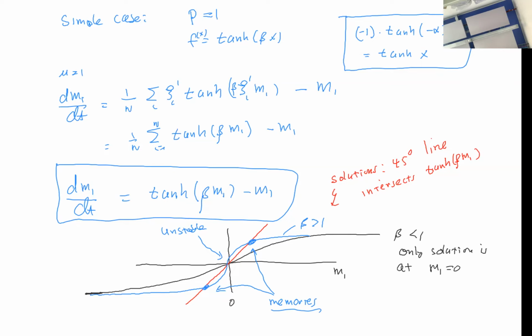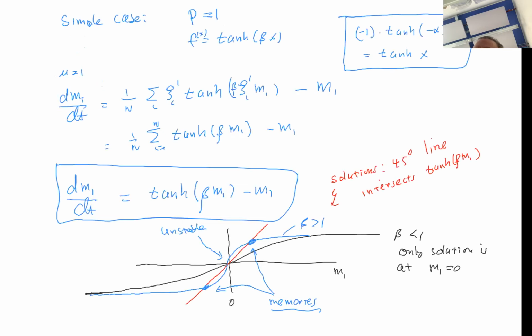Okay, and now we need to know about stability and the equations for that. So we have dm1 dt equals tangent beta m1 minus m1. And now we linearize, we let m1 equals some fixed point, m1 star plus delta m1. So m1 star can be this point, or that point, anywhere there's an equilibrium.